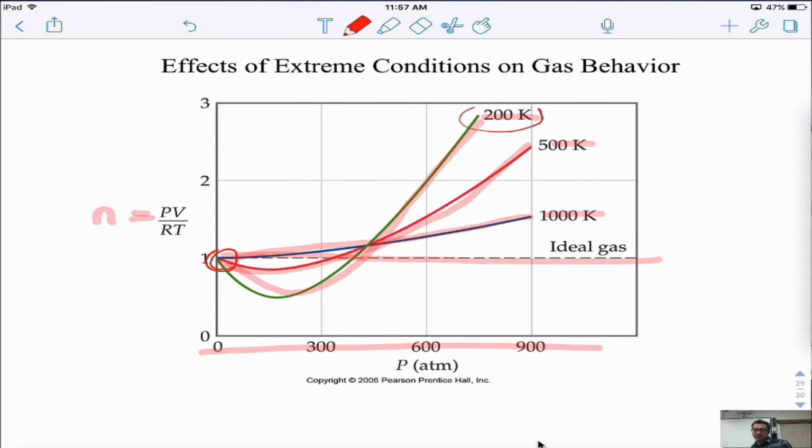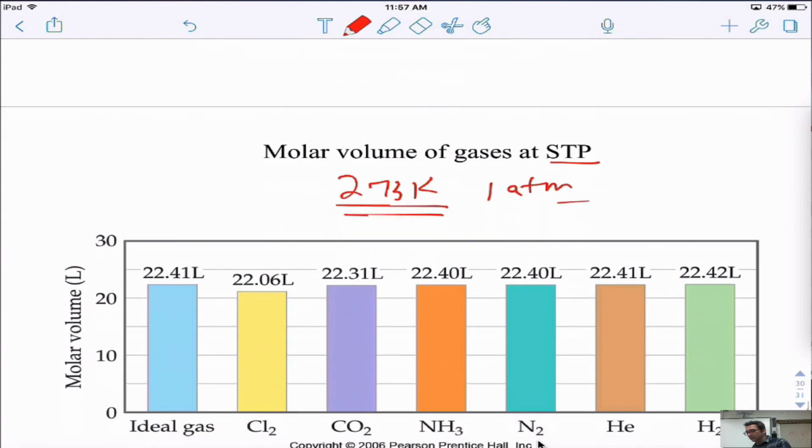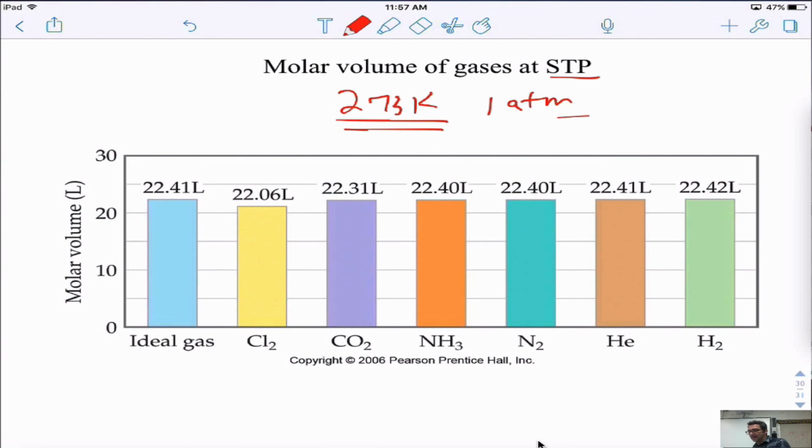And you can also see the effect of how ideal the gas is on its molar volume. Here's molar volume at STP, 273 Kelvin and 1 atmosphere. This is actually relatively high temperature, per se. It's not crazy hot, but it's high for a gas, and 1 atmosphere. And what they did was graph different gases. The ideal gas will have an exact volume of 22.4 liters.